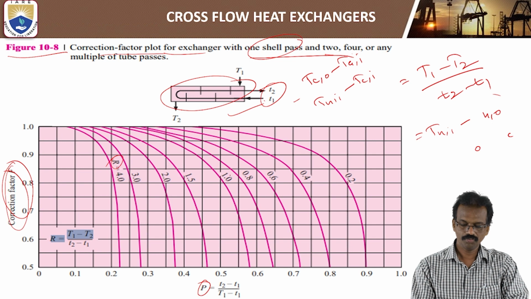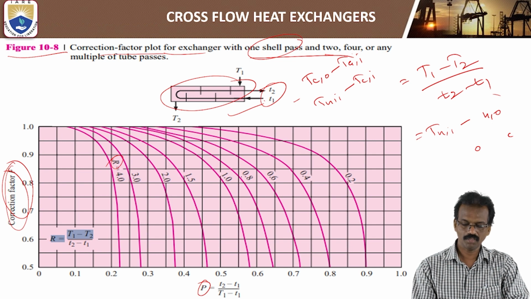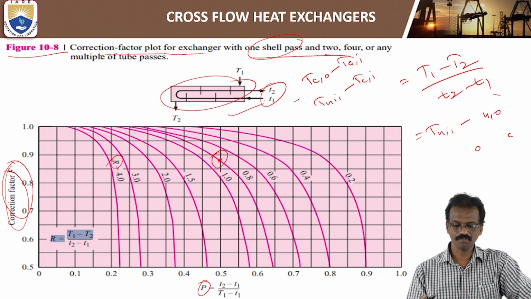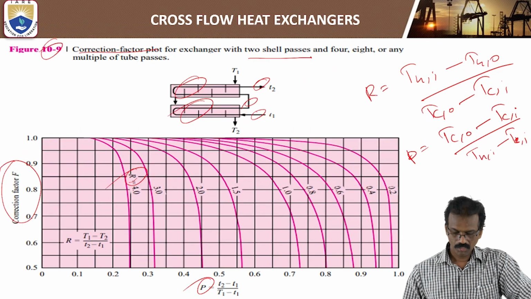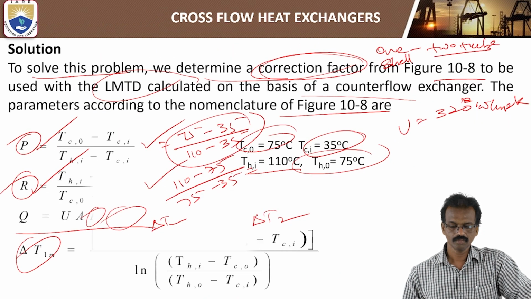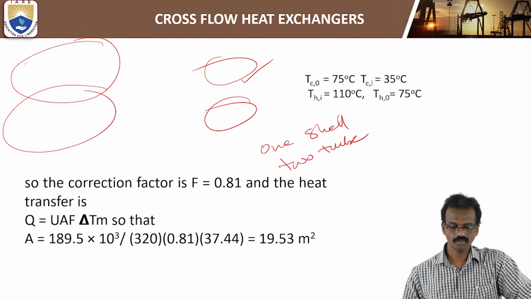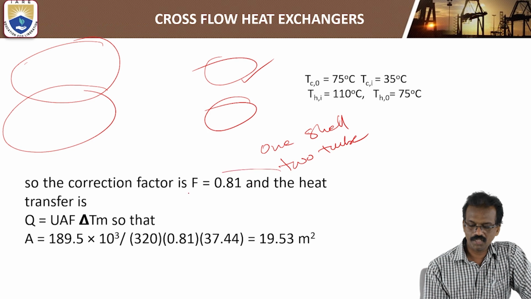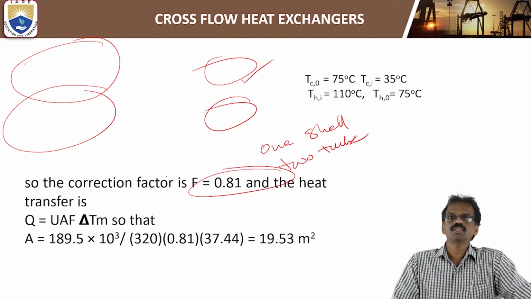Okay, so if you take 0.5 and 0.8, so this is the touching point, 0.85 something. Okay, we'll check that one. So correction factor F is equal to 0.81, if you see that one correctly.